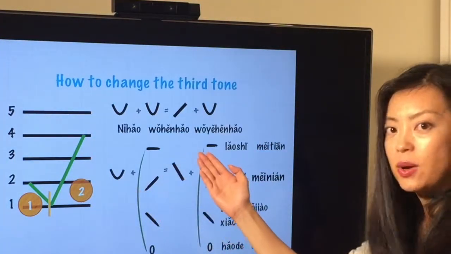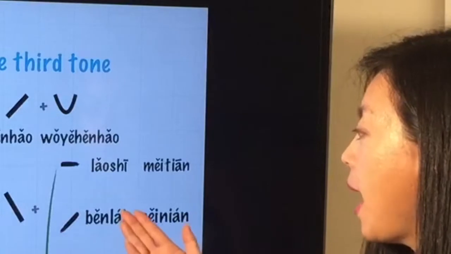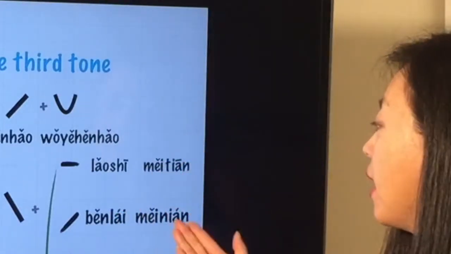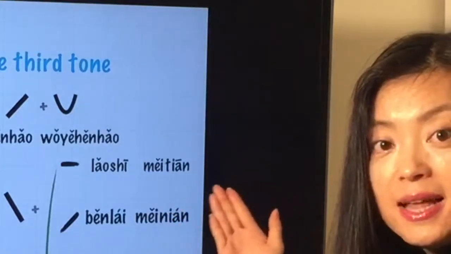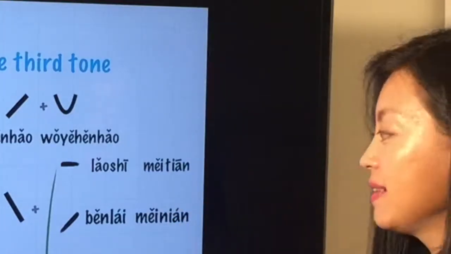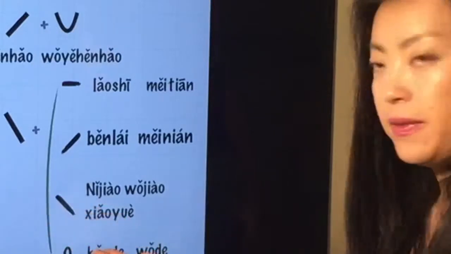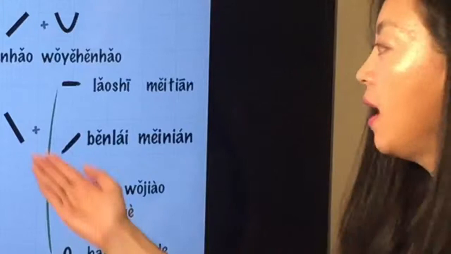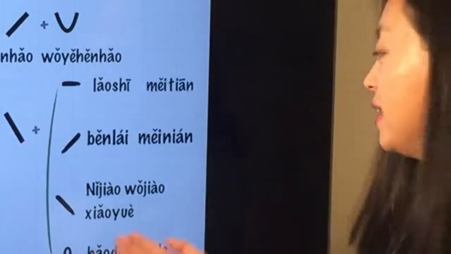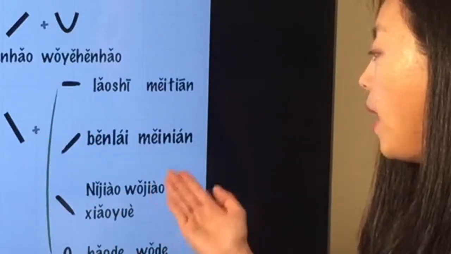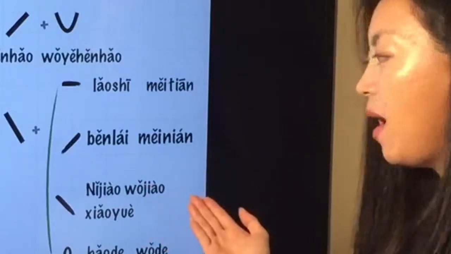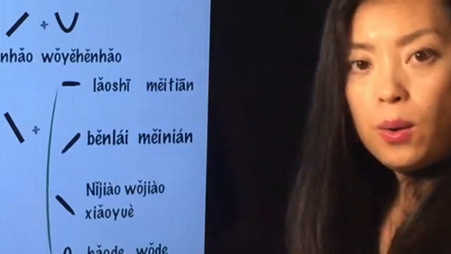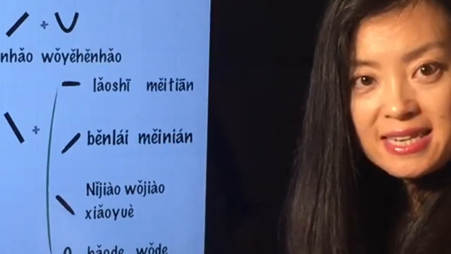好, let's see. Third tone plus second tone. This one. 本来, 本来. 每年, 每年. Now third tone plus fourth. 你叫, 你叫. This one. 我叫, 我叫. You remember? My name is Cici. 我叫 Cici.